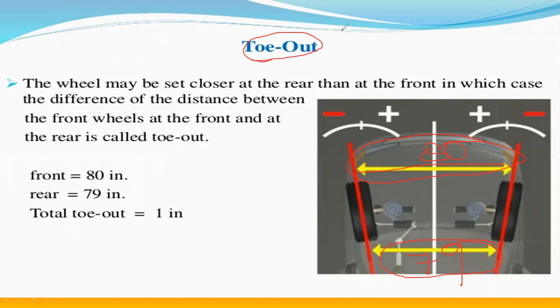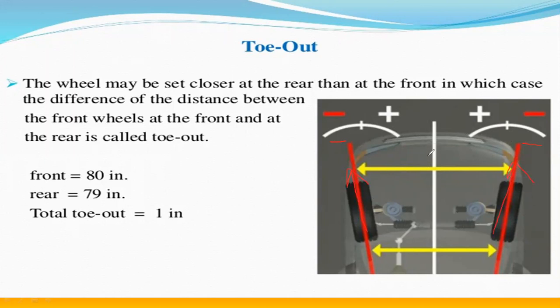Toe out. You can see the alignment of these wheels. The wheel alignment is on the negative side of the vehicle. The wheel is aligned with the negative side.